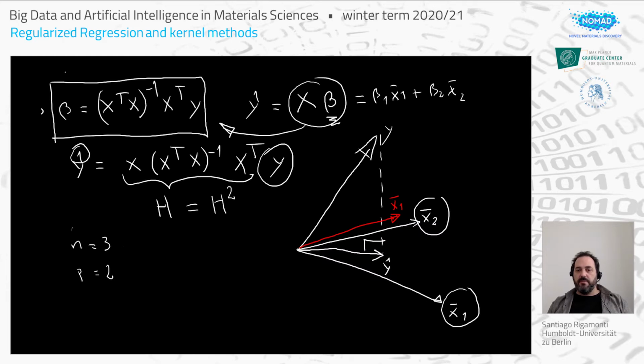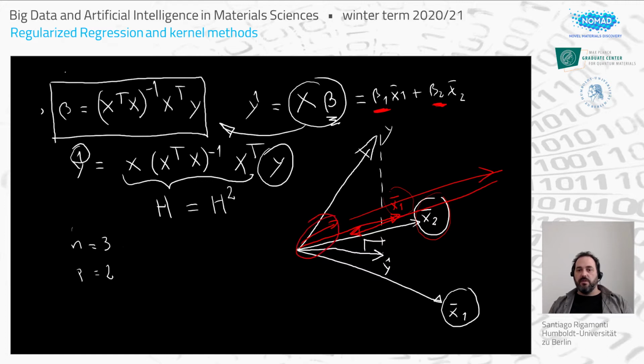It means that a certain projection on this subspace can be represented by a linear combination of this x1, x2, but it can happen that we have a large value of beta 1 that is basically cancelled by a large negative value in beta 2. Because a certain vector here can be expressed like a large vector along x1 minus a large vector along x2.